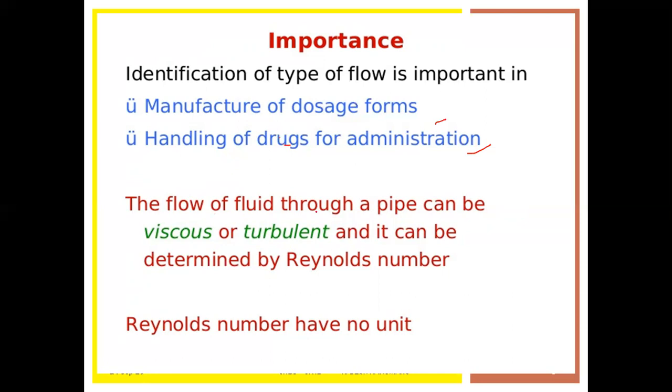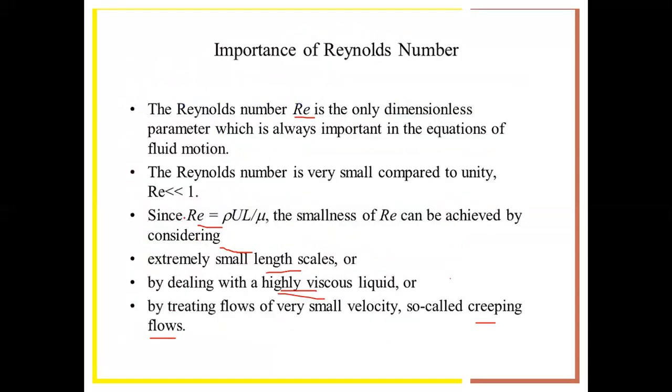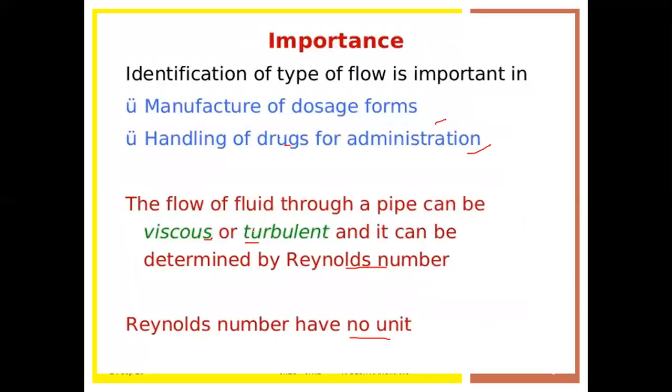The flow of fluid through a pipe can be viscous or turbulent in nature, and it can be determined by using the Reynolds number. The Reynolds number has no unit: Re equals rho U L divided by mu, a dimensionless quantity.